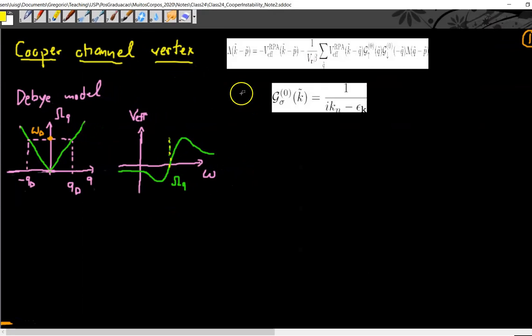So the first thing I'd like to point out is, once we have that expression for V effective RPA, we get something like this, right?